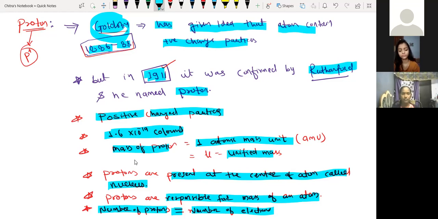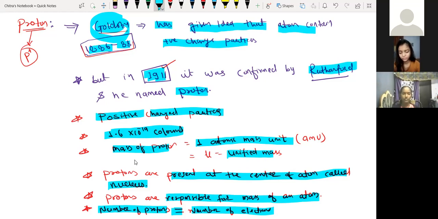The mass of one proton is one atomic mass unit, also called unified mass. Protons are present at the center of the atom called the nucleus, and protons are responsible for the mass of an atom. The number of protons is always equal to the number of electrons.